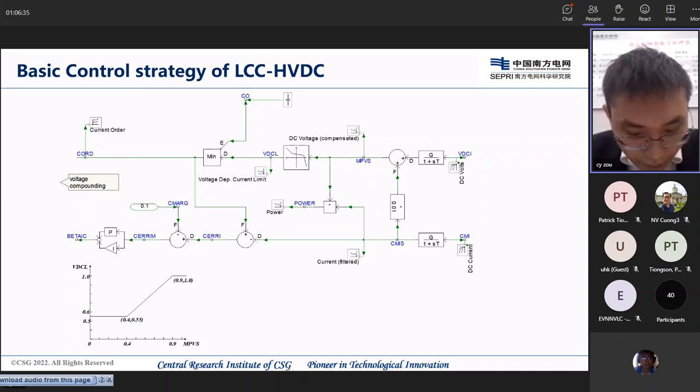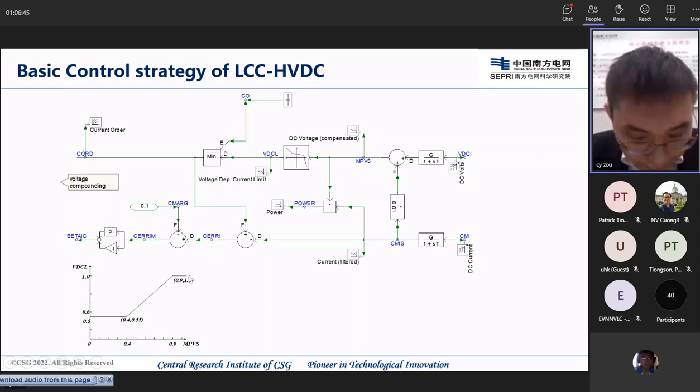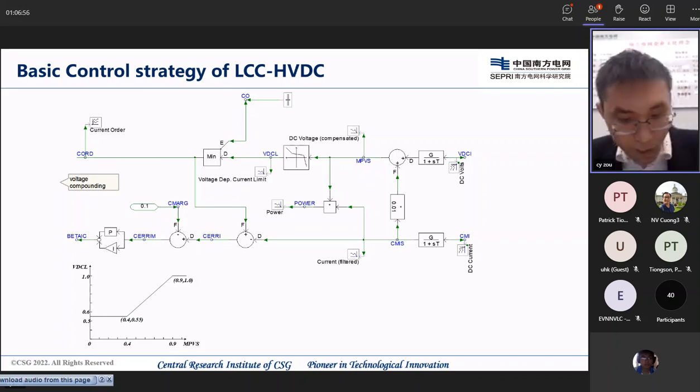According to the explanation of VDCOL, there are 2 turning points in the VDCOL curve: 0.4, 0.555, and 0.91. When there is a decrease of DC voltage owing to an AC fault, and the DC voltage is lower than 0.9 pu, then VDCOL will decrease the current order according to the measured voltage.